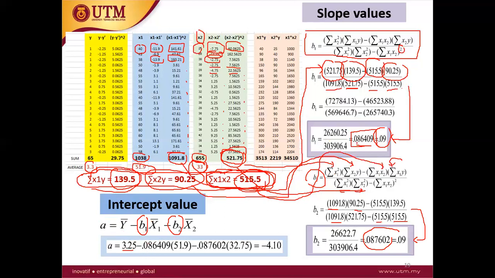B1 is 0.086 times the average of S1 here, 51.9, minus 0.087 from here times the average of S2, which is 32.75, equal to 33. So we get negative 4.10.